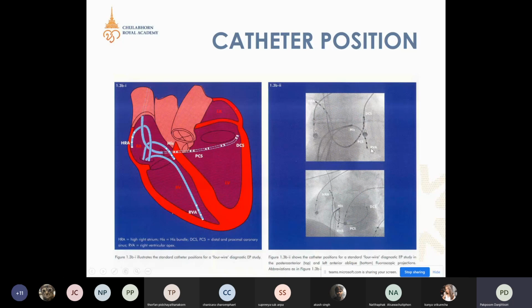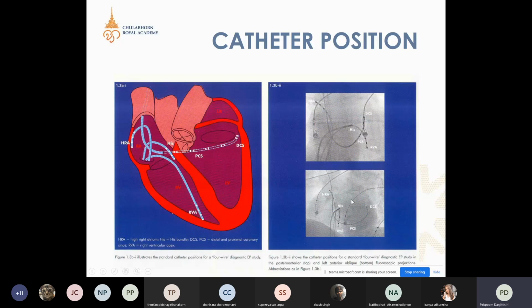We can guess that is the RV apex, right? And the catheter higher than the RV apex with 4 electrodes, which is at the middle of the picture, should be the His catheter, because in the PA view you can match this picture with this one. The position of the catheter will be just like this. This is showing you the PA view.